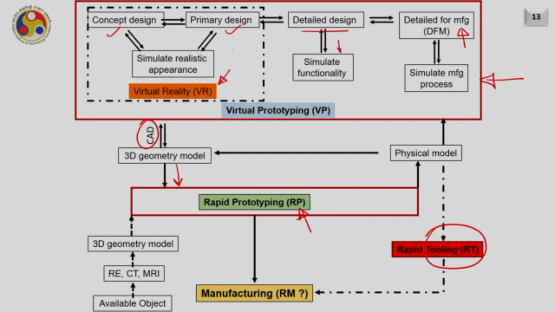Additive manufacturing is again suitable for this, because the toolings are few in number, and each time there is a change in the design, the tooling has to change. Hence, we have to create these toolings rapidly, and additive manufacturing can sometimes be called rapid tooling if used appropriately for tooling. So, these are the reasons for the different names given to additive manufacturing processes.